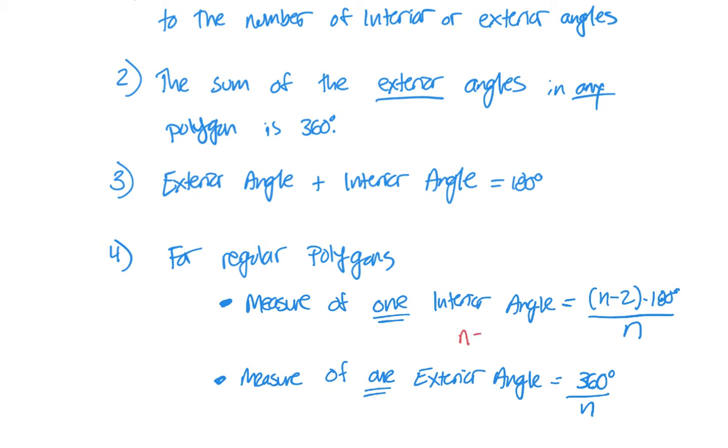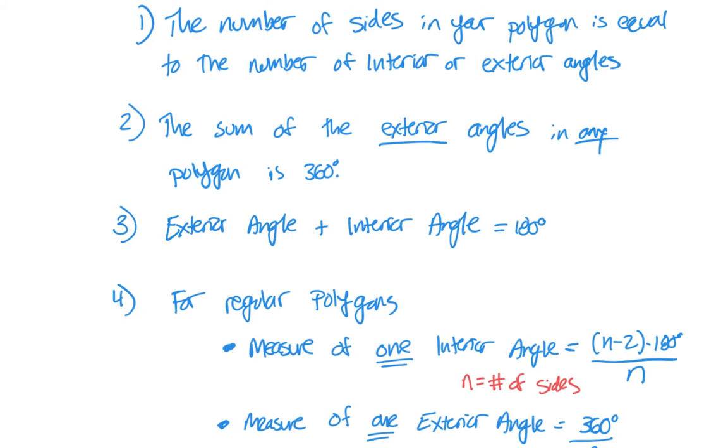And so n, remember, just equals the number of sides in your polygon, in case you were wondering. But these 4 facts that I wrote down are hugely important, and we're just going to see how they are applied momentarily, and then we will wrap up the lesson for the day.